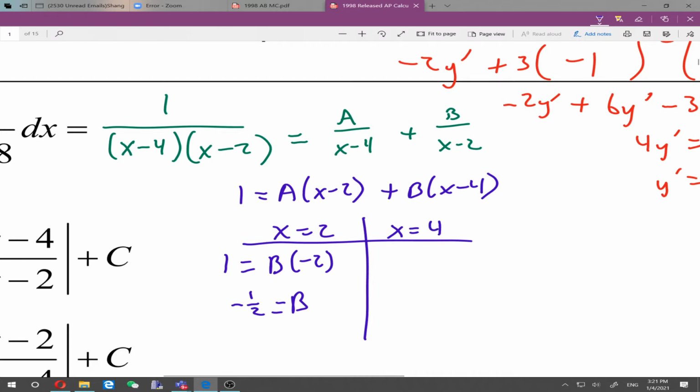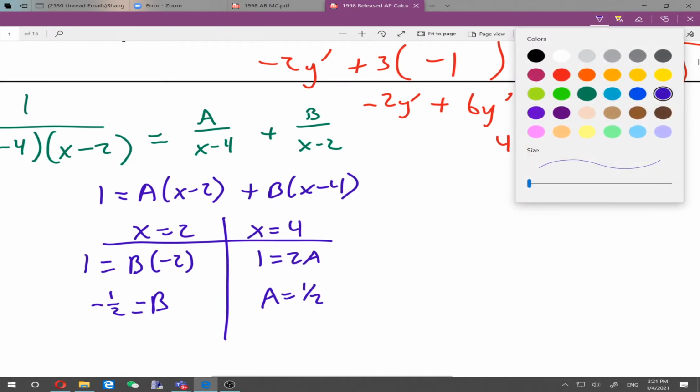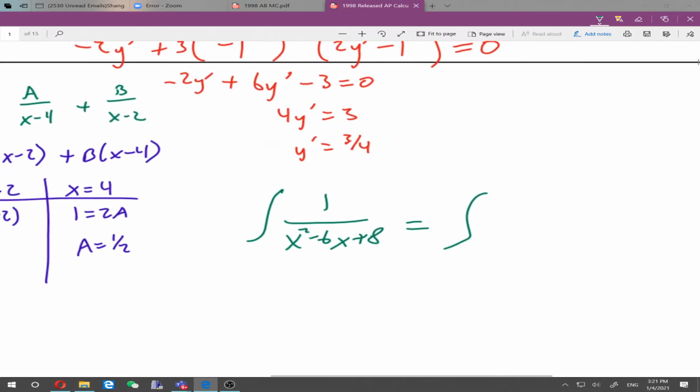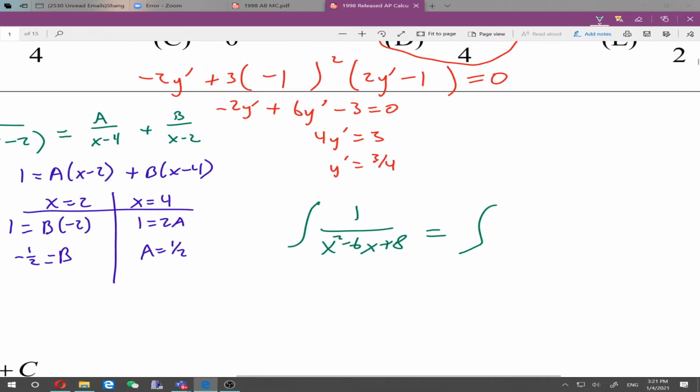If x is equal to 4, what's going to happen? 1 equals 2a. So therefore a is 1/2. Okay, so that's going to allow us to go back and rewrite our original equation to say the integral of 1 over x squared minus 6x plus 8 is the same thing as the integral of a times, so that's 1/2 times 1 over x minus 4, plus negative 1/2.